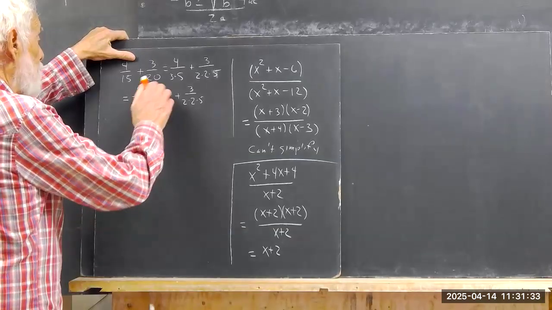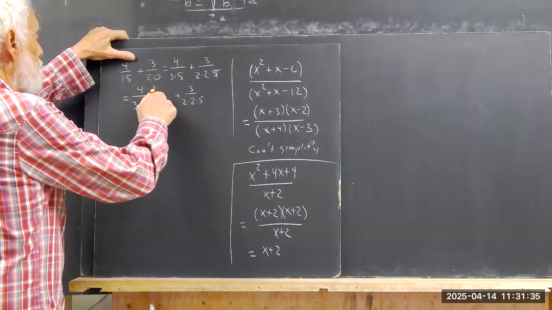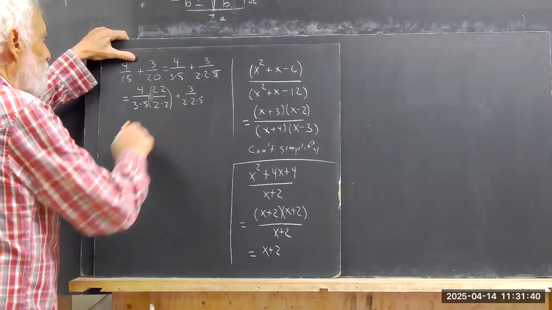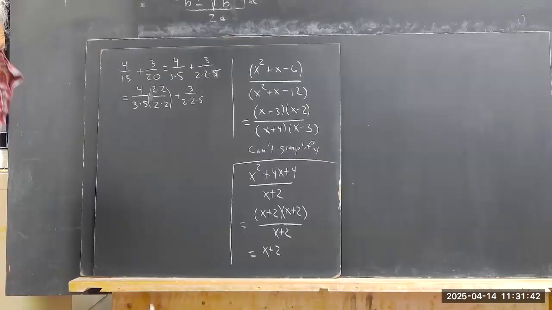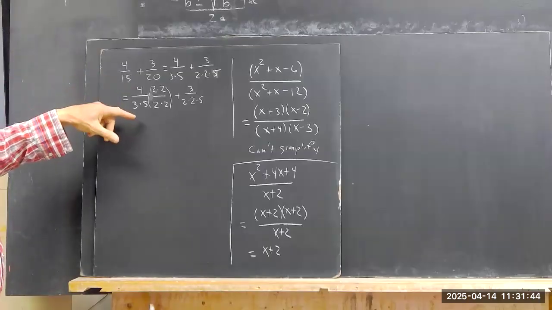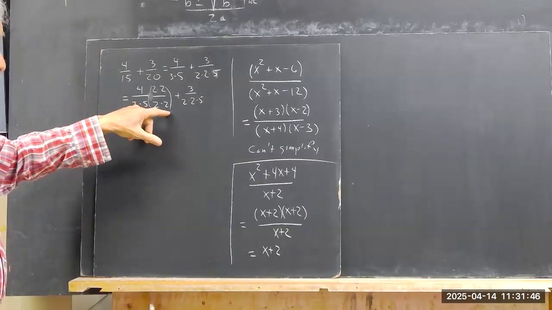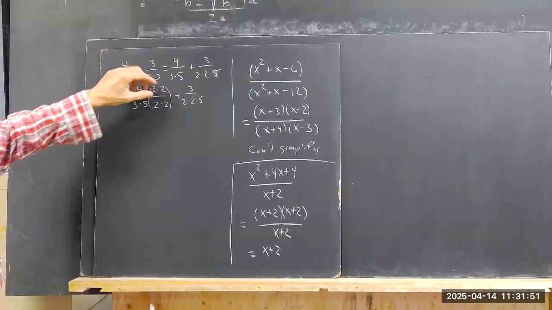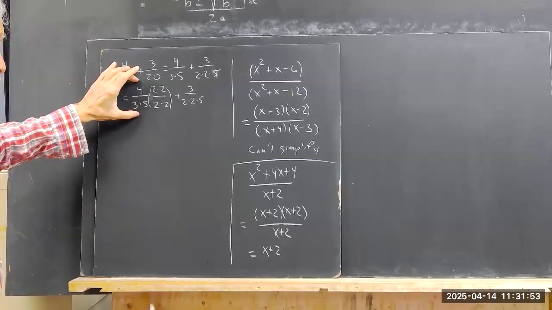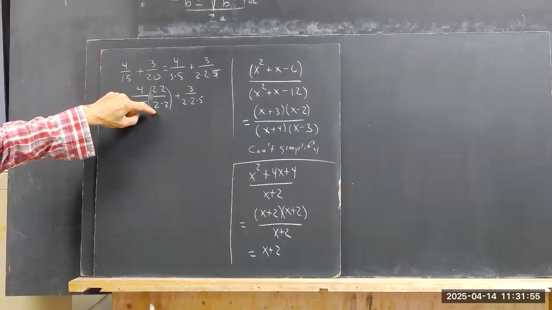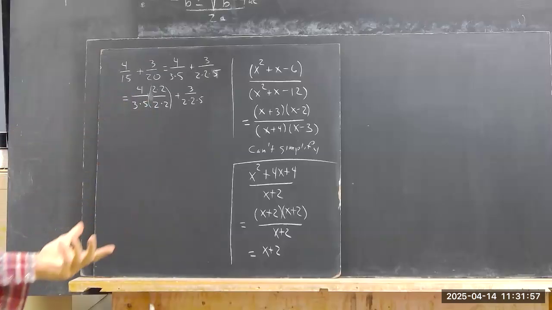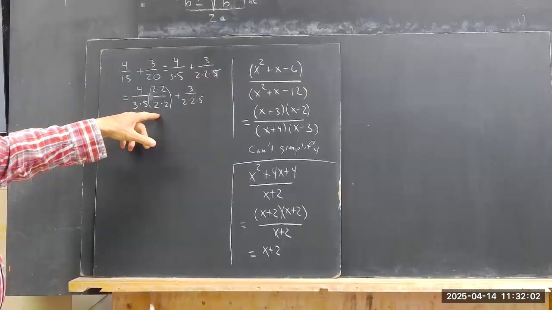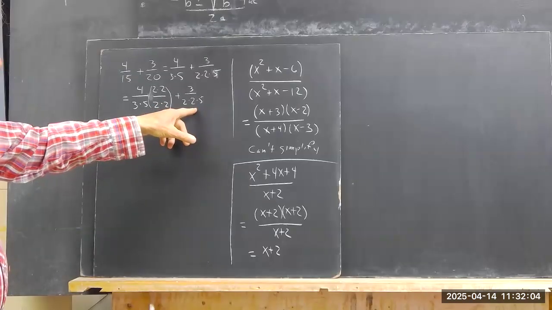So we have 3 times 5, and we multiply that by 2 times 2 over 2 times 2. And now the denominator of the first fraction will be 3 times 5 times 2 times 2. The numerator will be 4 times 2 times 2. Now I've multiplied 4 over 3 times 5 by 2 times 2 over 2 times 2. Okay. That ensures that the denominator will contain this denominator.